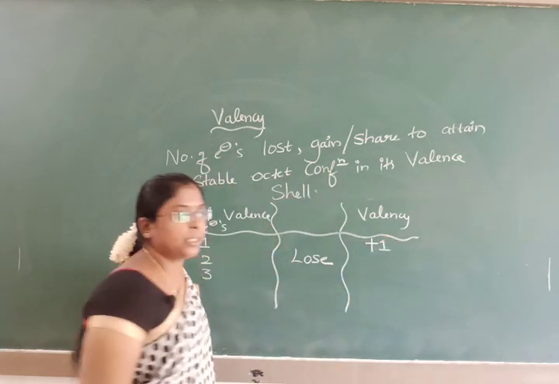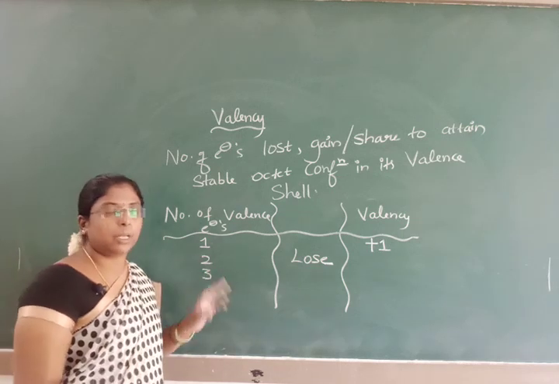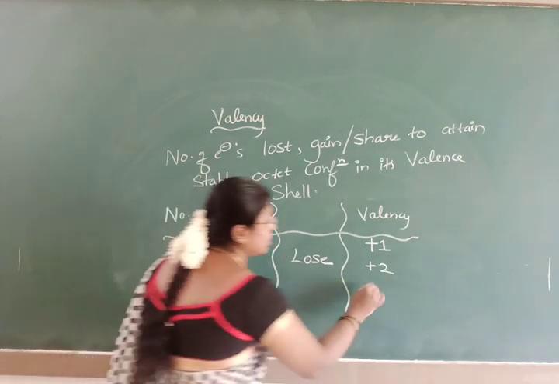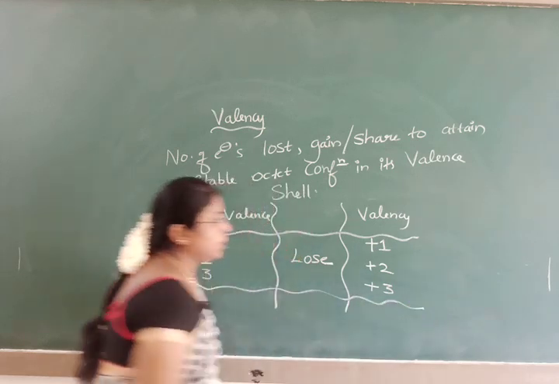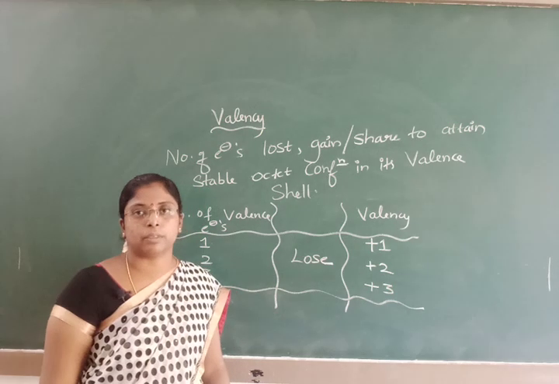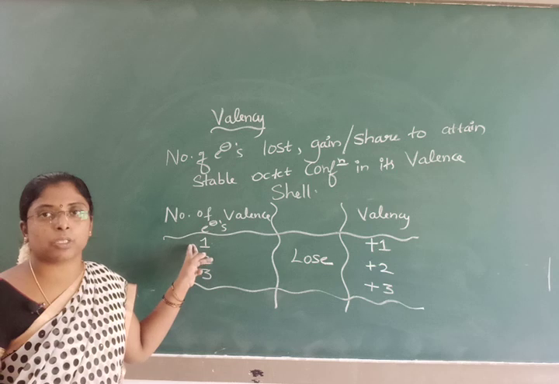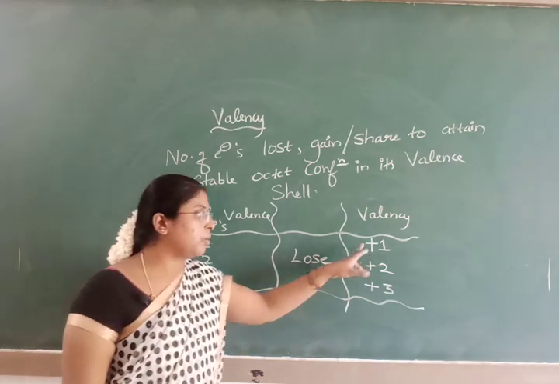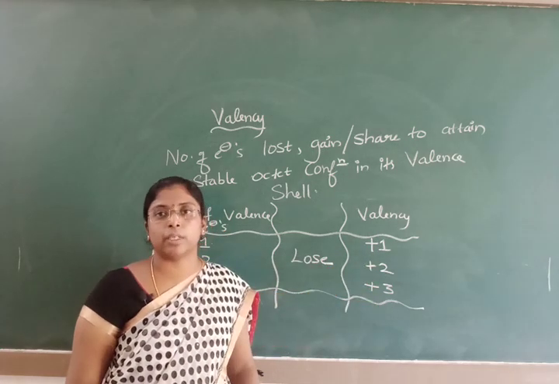Whenever it is lost, it is plus; gained means minus. If it has lost 2 electrons, +2. If it has lost 3 electrons, +3. So the valency of these elements becomes +1, +2 or +3. When an element has 1, 2 or 3 electrons in its outermost shell, it will lose them to form +1, +2 or +3. After losing these electrons, it will form the octet configuration.